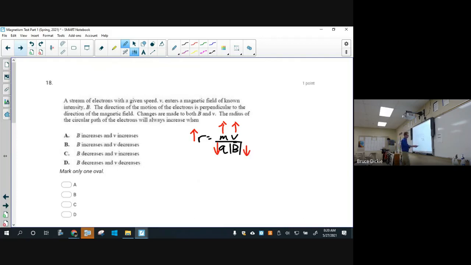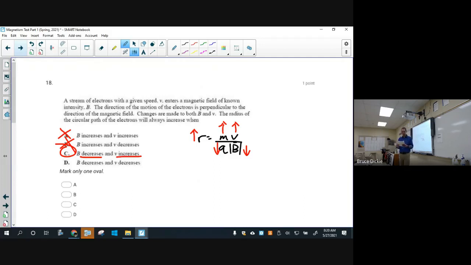So q and B have to decrease in order to increase R because they're inversely related to it. They're on the bottom, the denominator. So which one matches up here? B increases, no. B increases, no. B decreases, and v increases. Yes, that's the one. So my answer for that one is C.